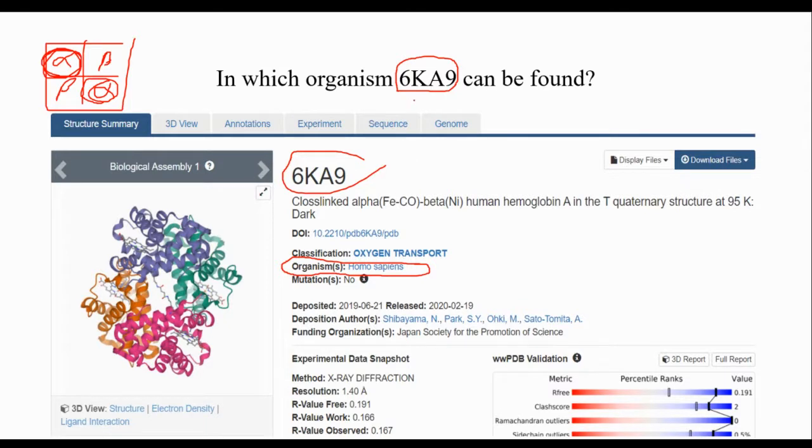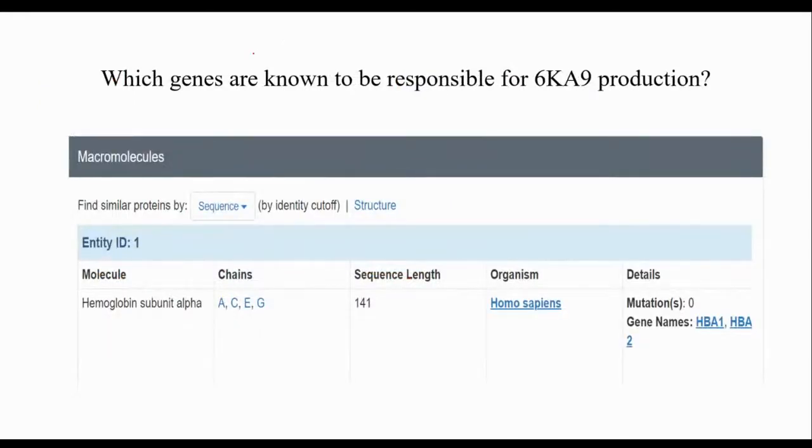Okay, so when we ask in which organism, simply you say Homo sapiens, and that's the answer. And if we ask you which genes are known to be responsible for this protein production, then here it is written. If you go through the same page, you just scroll down and you reach this part.